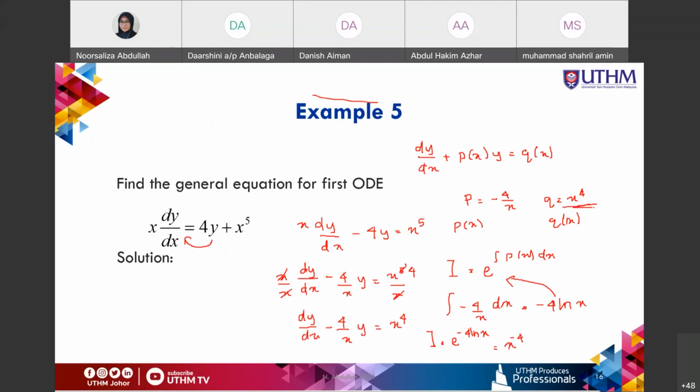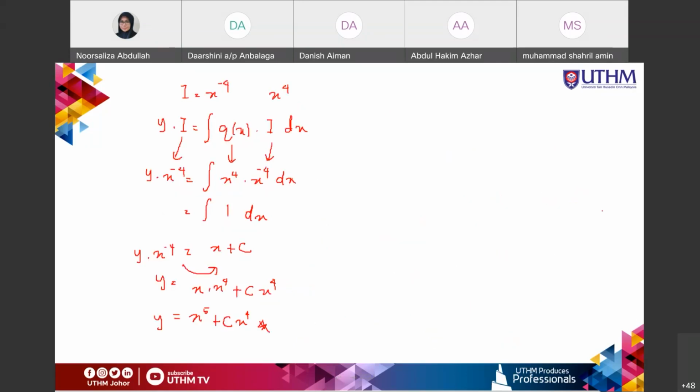So x times x minus 4 is actually equals to x kuasa kosong, so x kuasa kosong is 1. Then you integrate 1 terhadap dx, then you get x plus c. Oh, okay. Faham.